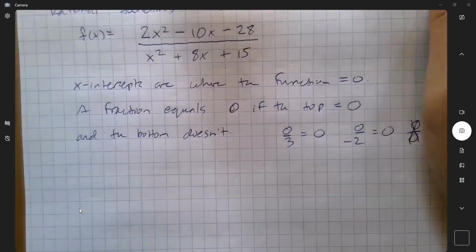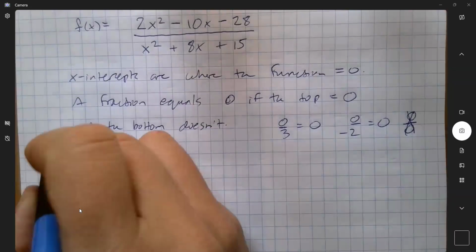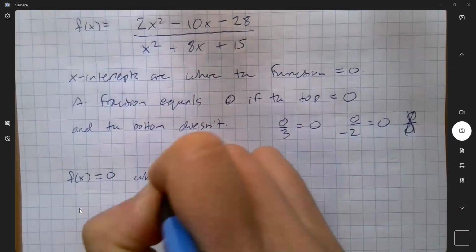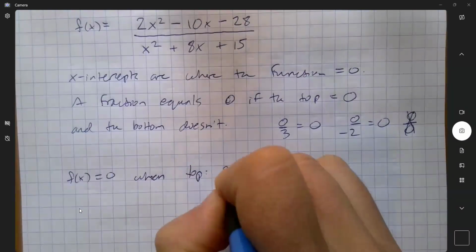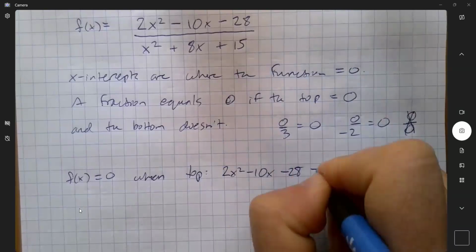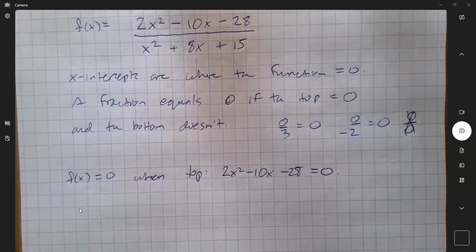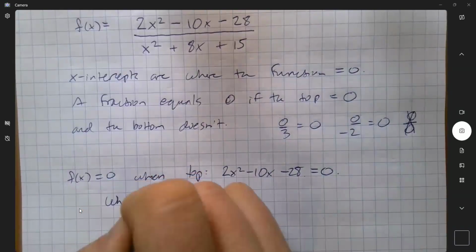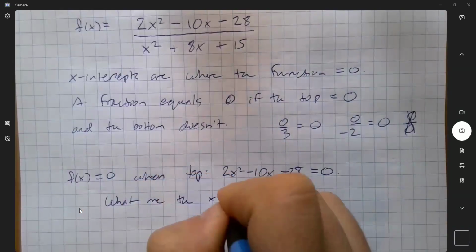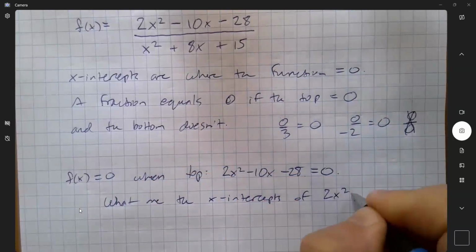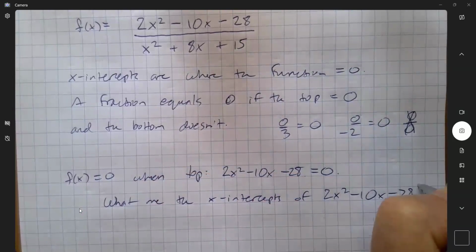In the context of a rational function, f of x equals 0 when the top, 2x squared minus 10x minus 28, equals 0. But that is exactly asking what are the x-intercepts of 2x squared minus 10x minus 28.